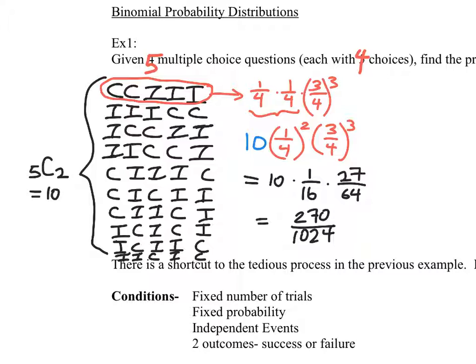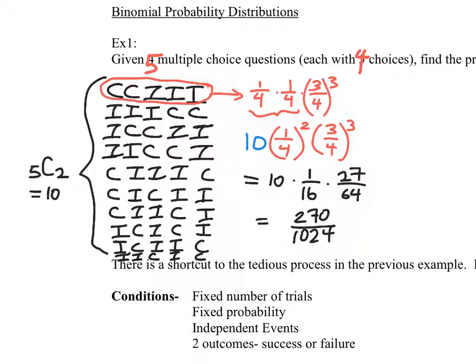Now, I think it's pretty obvious that we don't want to have to do this every time. I think it's also obvious we didn't really need to do this one time either, because once we figured out the probability for one case and then determined the number of cases, we were good to go.